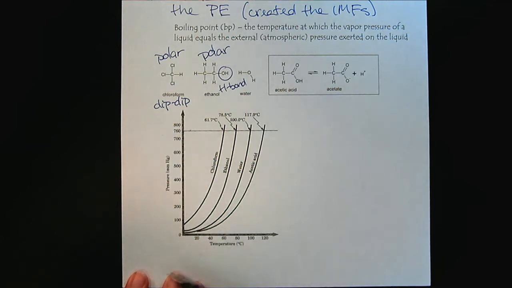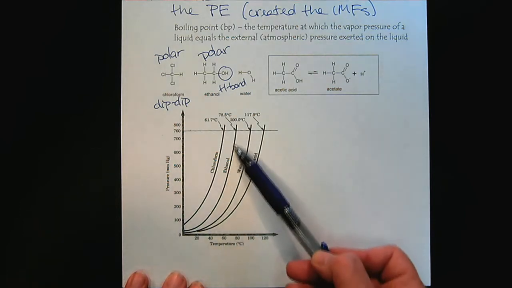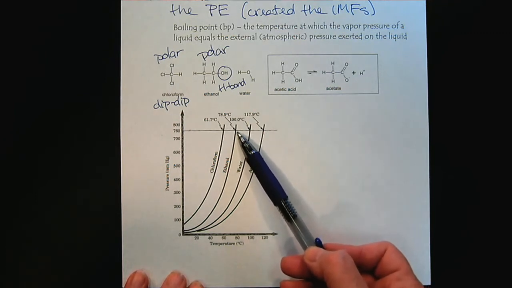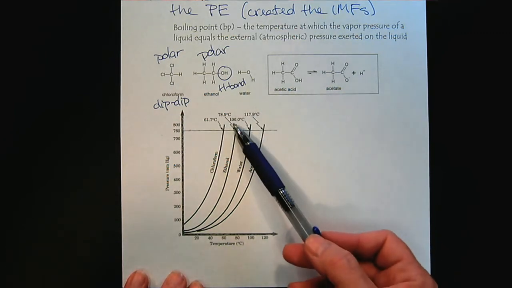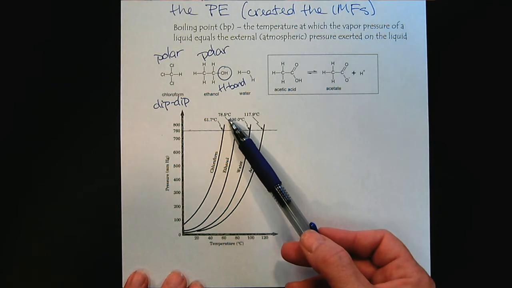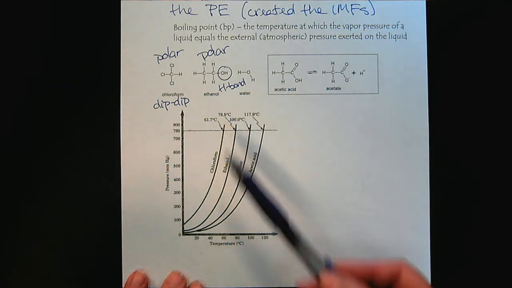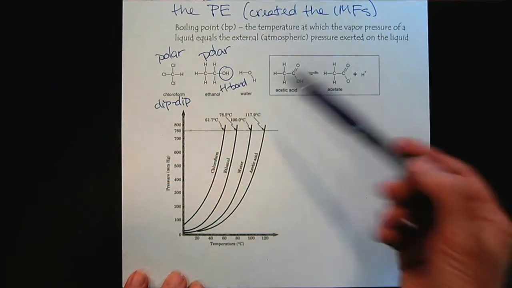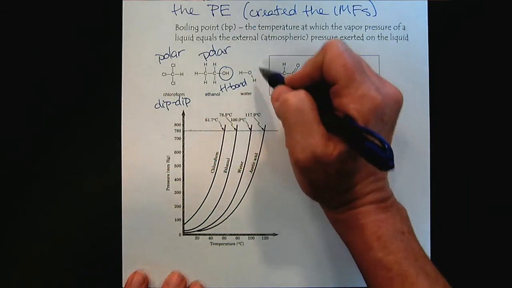So, quite naturally, the vapor pressure is lower. It takes more energy, more heat applied, raising the temperature to reach the boiling point. So with ethanol, the boiling point is just over 78 degrees. If we look at water, water is definitely another H bonder.